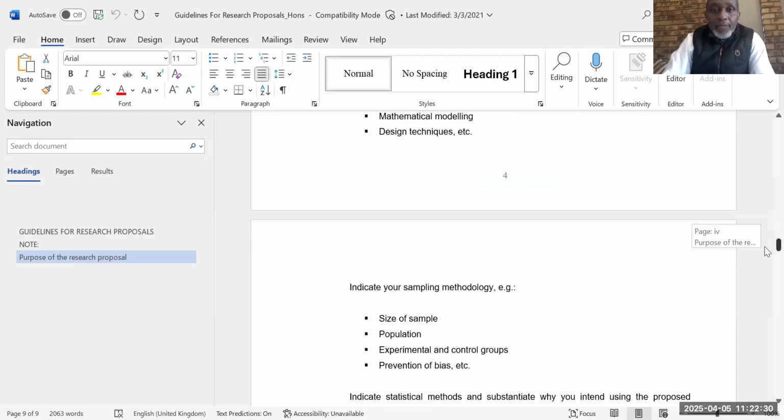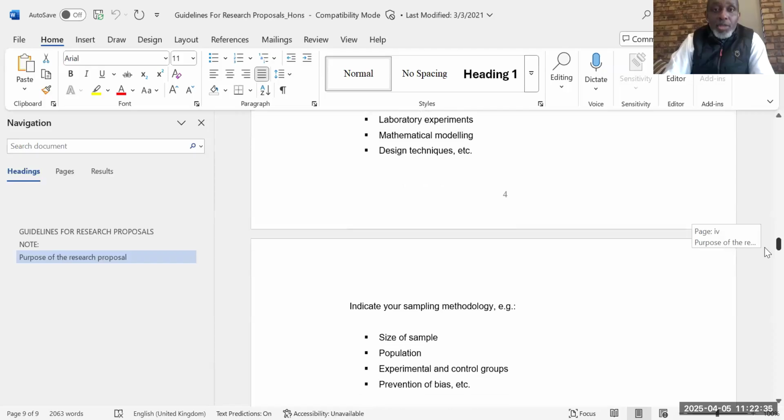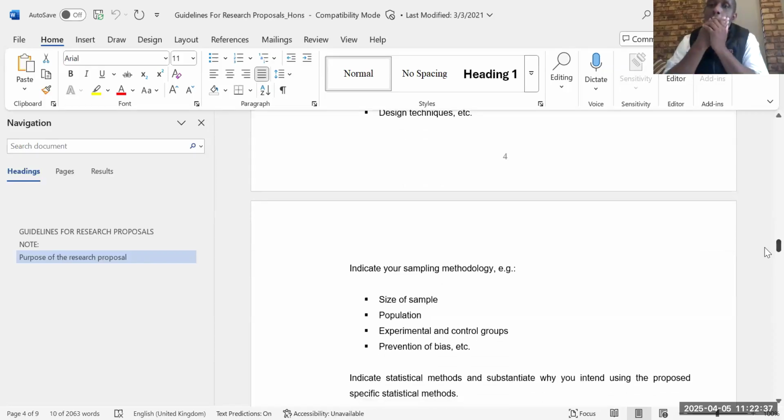Then after you have done that, you also have to indicate your sample size. In our case, we could say that because of cost, we want to do maybe 20 samples. If we're looking at a population group, like those people in the focus group, we have said six states. For the experiment, we can look at controls, because you want to be able to compare.